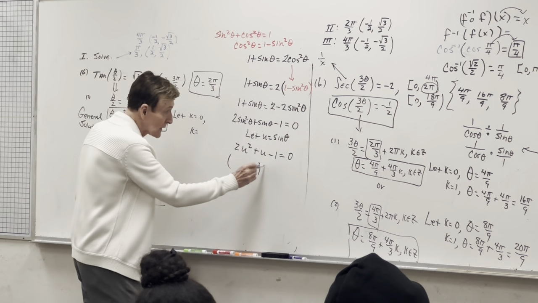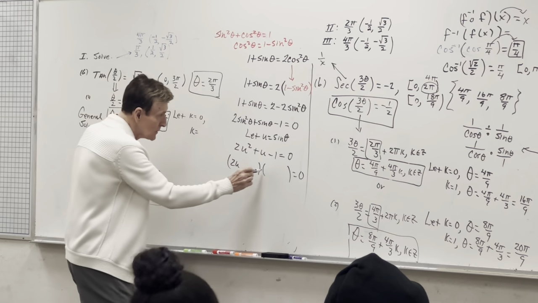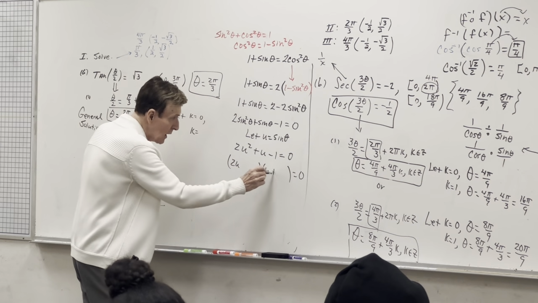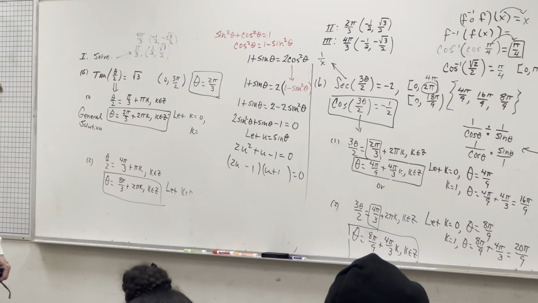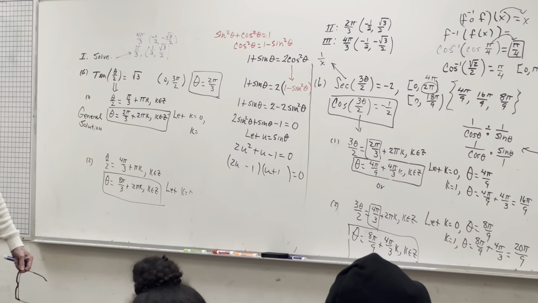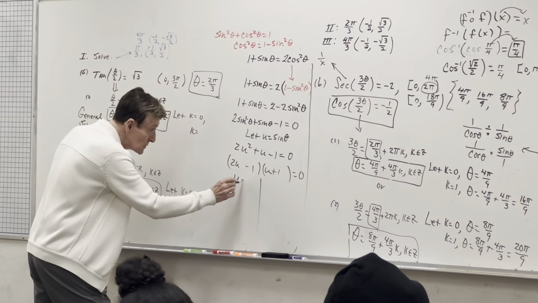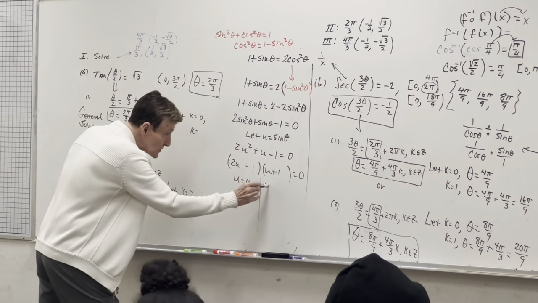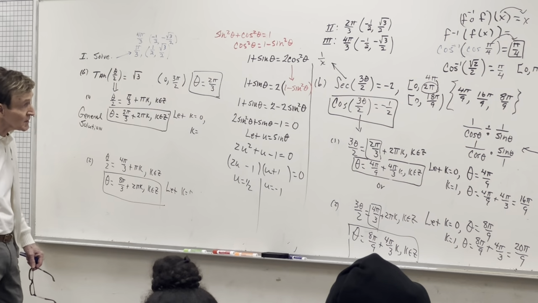It's a little quadratic. 2u, you guys are good at factoring. I think it factors into that, or you can use the quadratic formula. Split this up, this will give you u equal to 1/2, and u is equal to -1.